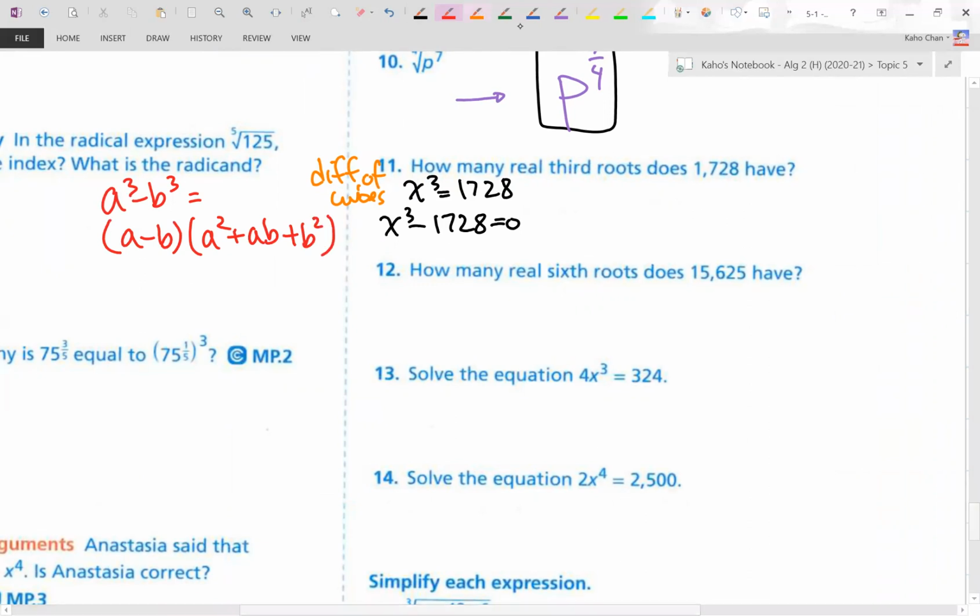In this case here, a equals x, because that's the cube root of x cubed. And b equals 12. Yeah, 12 times 12 times 12 is 1728. Pretty crazy. So let's go and form this. And we'll get x minus 12, x squared plus 12x plus 12 squared, which is 144.